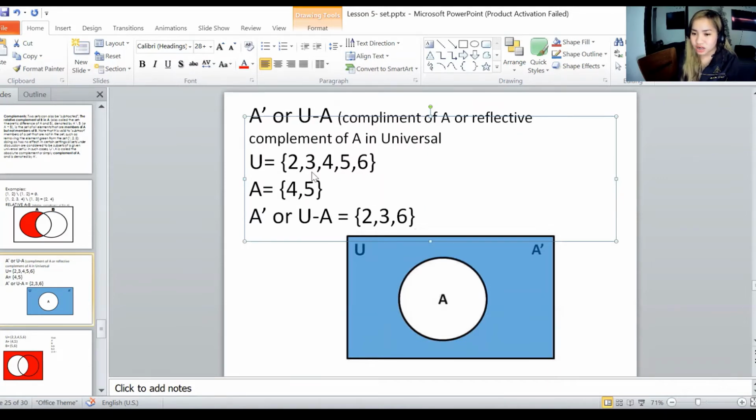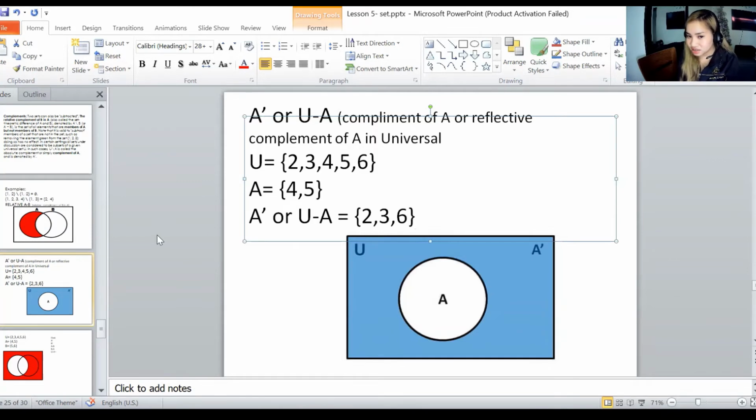Meron bang 4 sa set A? Meron, kaya hindi natin siya ilalagay dito sa final answer. Si 5 meron din sa A, kaya di siya kasama dito. Si 6, wala sa A. Kaya ang final answer natin, kapag sinubtract natin yung universal sa set A is 2, 3, 6. Again, itong 2, 3, 6 is present kay universal tapos wala kay set A.